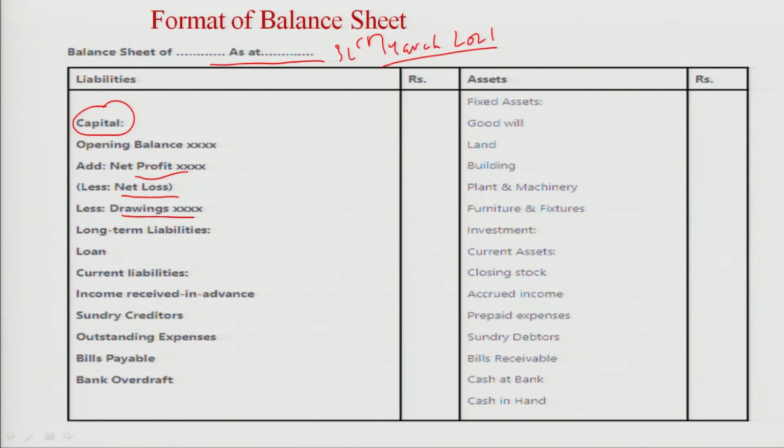Drawings are when the owner of a company withdraws some amount, some capital, from the company for his own personal use. This is known as drawing. When a person uses the company's fund for his personal use, it is known as drawing. Therefore, the amount must be deducted from the capital. So, we deduct the drawing amount from capital.